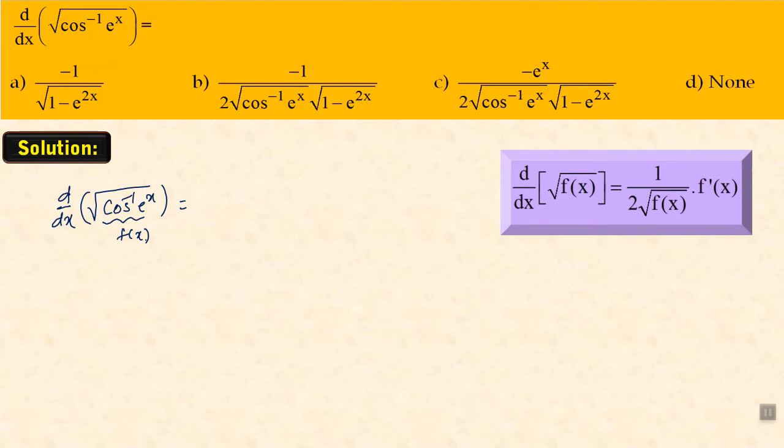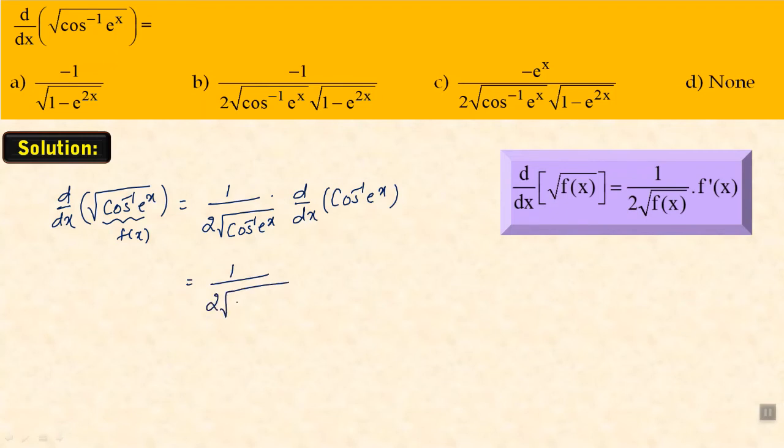D by dx of root f of x is equals to 1 by 2 into square root of f of x, that is cos inverse e power x, into f dash of x, that is d by dx of cos inverse e power x is equals to 1 by 2 into square root of cos inverse e power x into, here consider e power x as f of x.